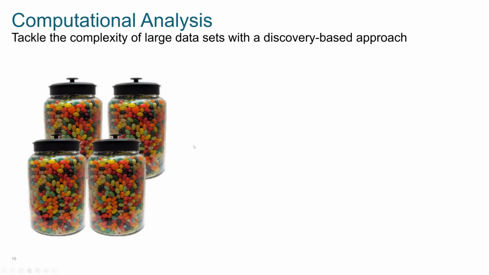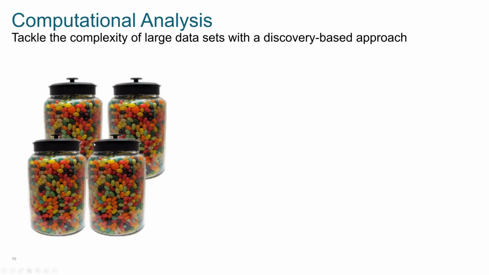And it also can be quite laborious depending on how many different populations you expect to be in your sample. So computational analysis is really going to be a great tool for data sets like single-cell RNA-seq, because it can help you tackle the complexity of your data using a more discovery-based approach. That's ultimately going to also save you a lot of time, but help you uncover possibly rare or novel populations in your sample.